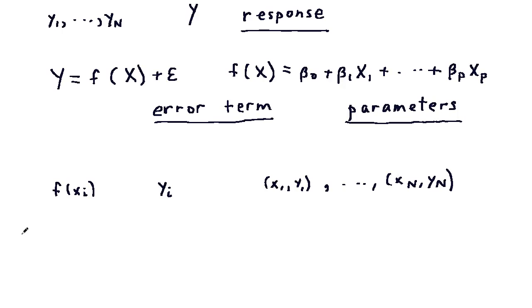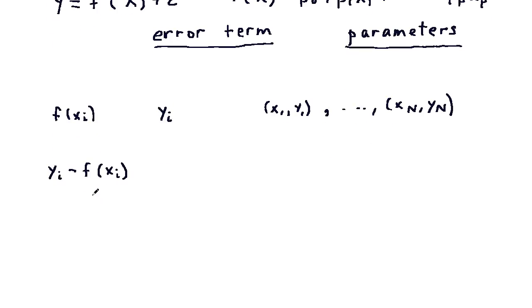Okay, so we have y sub i minus f of xi as the difference. We then square this and take the sum for i equals 1 through n.